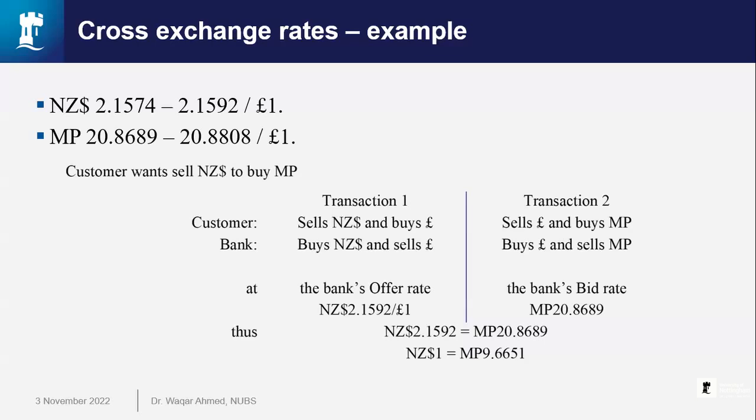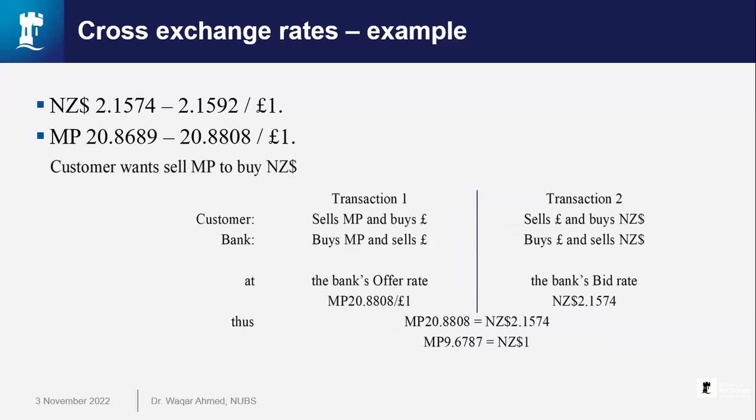Here, these are represented in New Zealand dollars. So one New Zealand dollar is equal to 9.6651 Mexican pesos. All you have done is divide this by this rate.